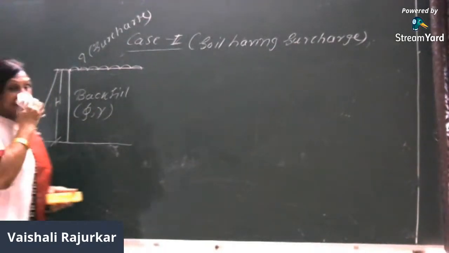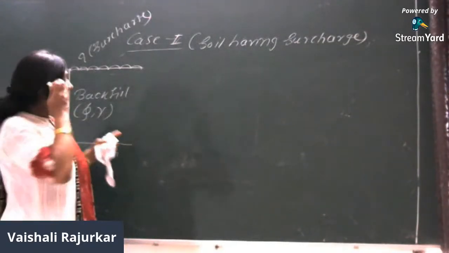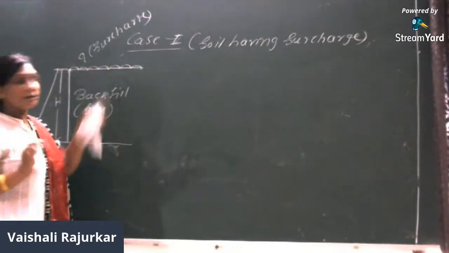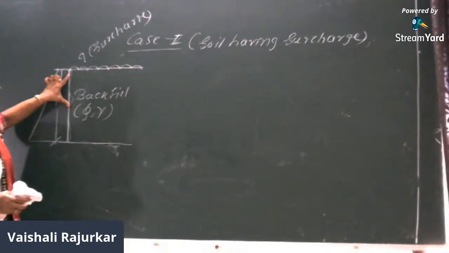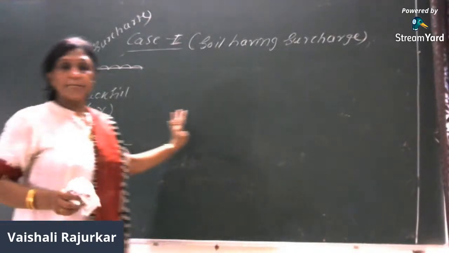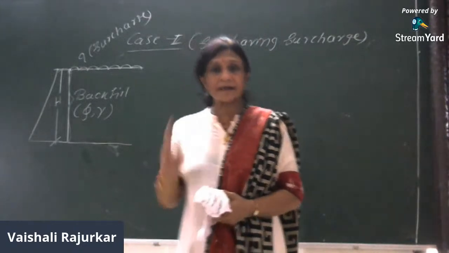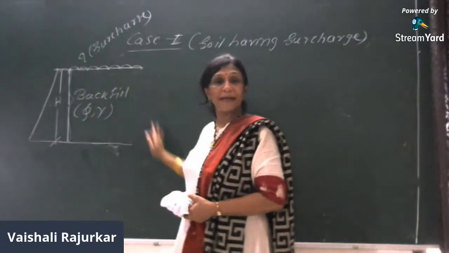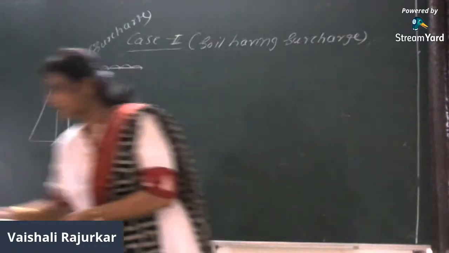In this case, as we know, the first pressure is due to surcharge, which will be acting over this portion of the wall. The other pressure is due to the backfill soil, which will be a triangular distribution, 0 at the top, maximum at the bottom, and another pressure that will act as a surcharge pressure.